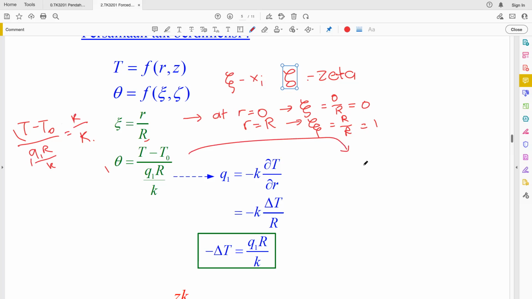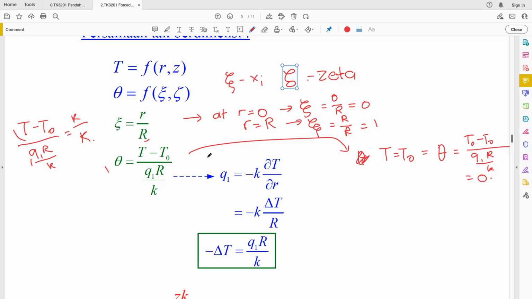Again, we can also see that when T equal to T0, theta would be T0 minus T0 divided by Q1 R over K, which is equal to 0.